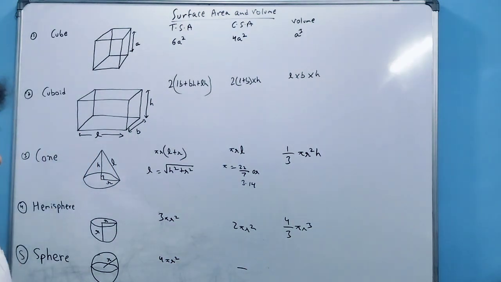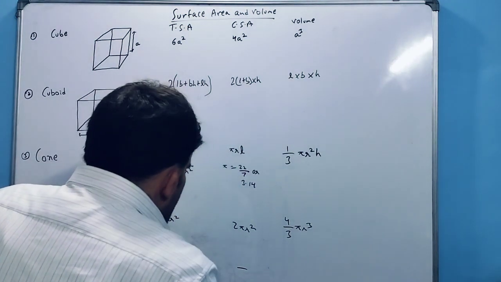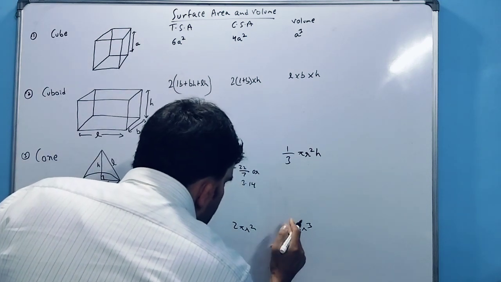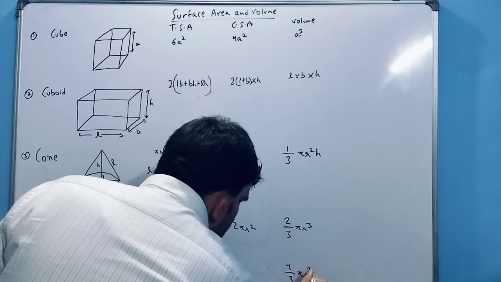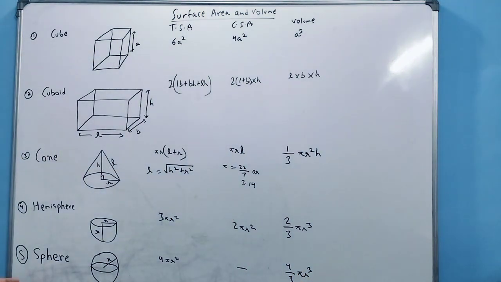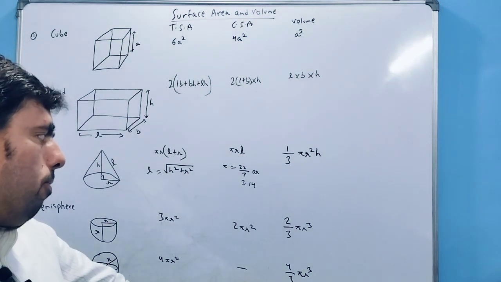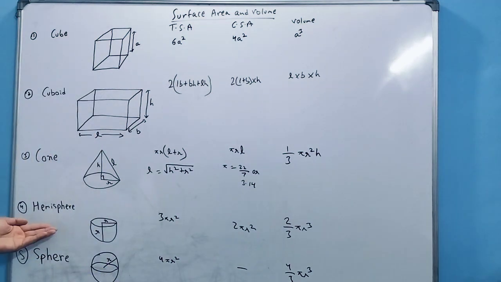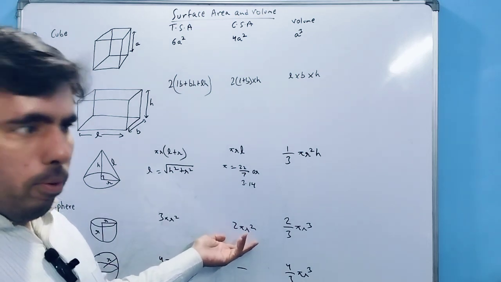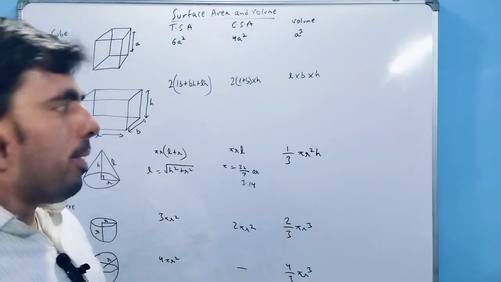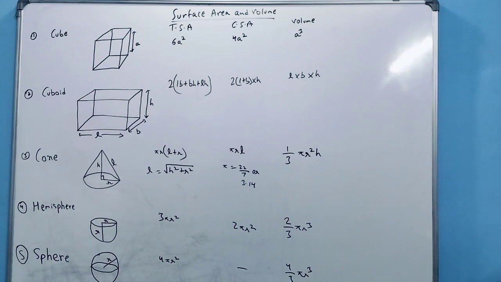There is no CSA for it, and its volume will be 4/3 pi r cube. So for the sphere we have TSA only, no CSA. And in the hemisphere, the TSA will be 3 pi r square, CSA will be 2 pi r square, and its volume will be 2/3 pi r cube. So here we have discussed 5 figures.